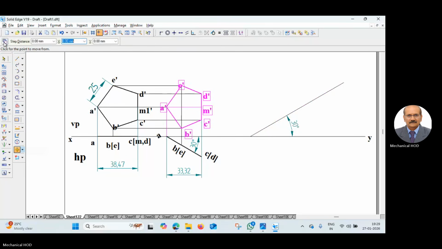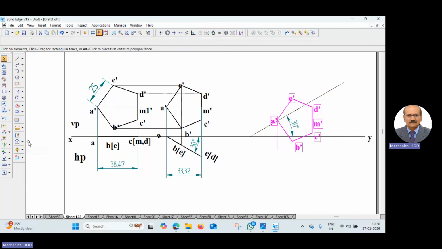Move, copy on, move from A dash, keep it on the 30-degree line. Then rotate. Keep the center of rotation as A dash, M dash as the point to rotate from, keep it on this 30 degree line.